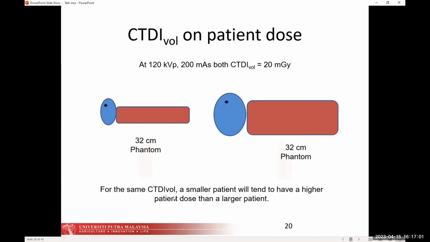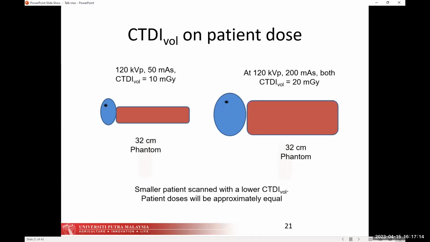But it is important to note that for the same CTDI vol, the smaller patients actually have a higher dose compared to the larger patients. And then we make some modifications, especially to the smaller patients.